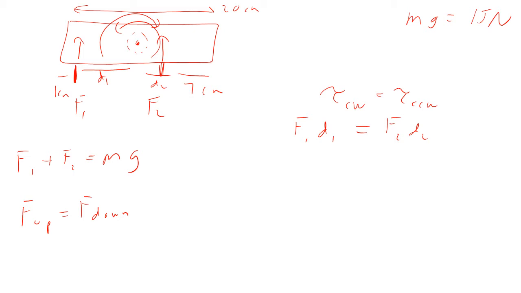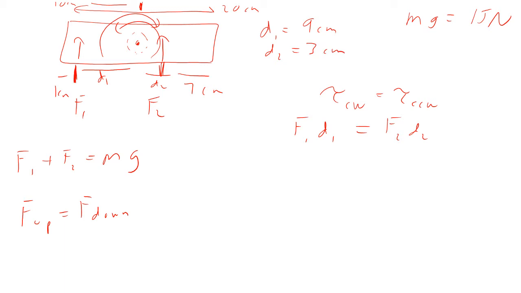Well, what's D1 and D2? If this thing is symmetric, the center of mass will be in the middle, so that's 10 centimeters from each end. So that means D1 is going to be 9 centimeters, and D2 is going to be 3 centimeters.